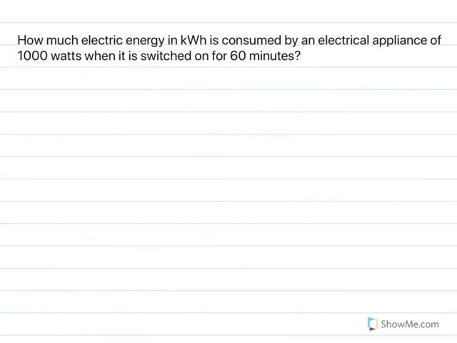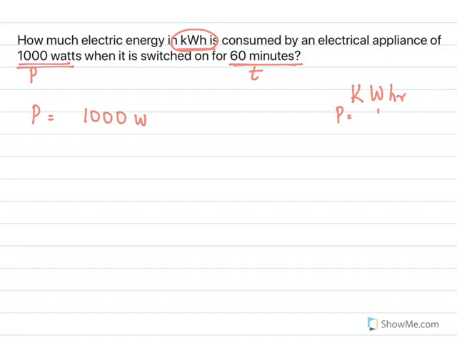How much electrical energy in kilowatt hour is consumed by an appliance of 1000 watts switched on for 60 minutes? So 1000 watts means this is power and here is time. So power is 1000 watt. Now remember, we've got to calculate in kilowatt hour, which means our power should be in kilowatts and our time should be in hours.